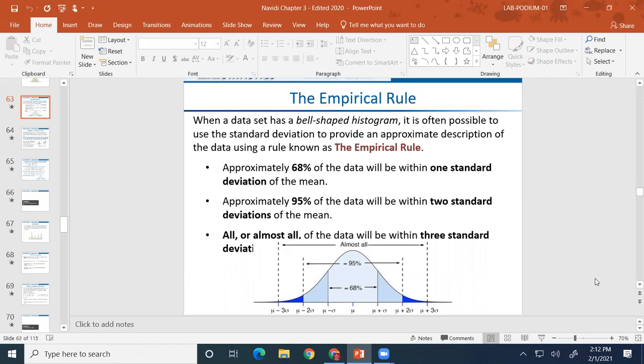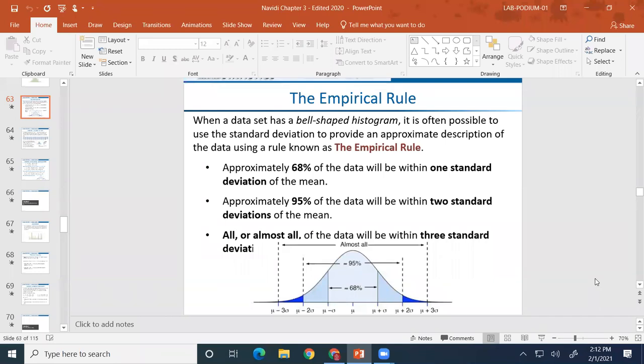So remember, for symmetric data, we've got this mean right in the center, and that would also be the median if we've got symmetric data. And each one of these hops is one standard deviation. It goes both on the left and on the right. So there are really 6 standard deviations for the most part underneath that curve.